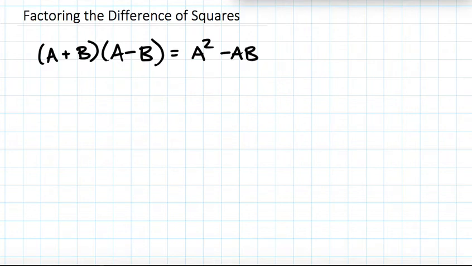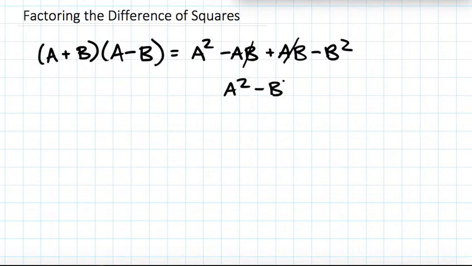For the inside, I'm going to get plus ab. And then for the last term, it's going to be positive b times negative b, minus b squared. So what's going to happen here is that the middle two terms are going to cancel out.